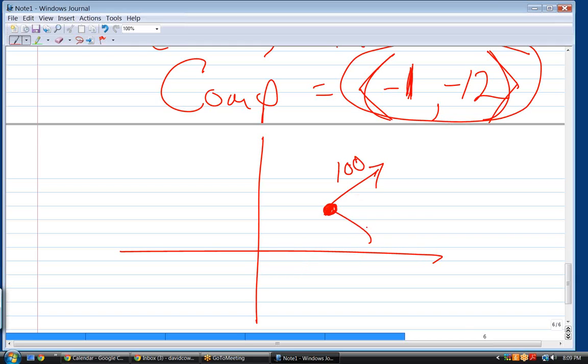Another's tugging in that direction with 50 pounds of pressure. And a third is tugging in this direction with 70 pounds of pressure. And the ball isn't moving. Well, no, excuse me, I gave you everything. And there's a third person tugging in this direction with X amount of pressure. And the ball is not moving. Can you solve for X? And the answer is yes, you can.